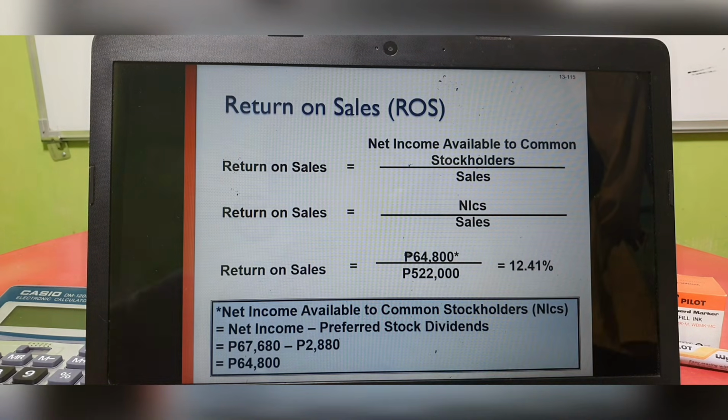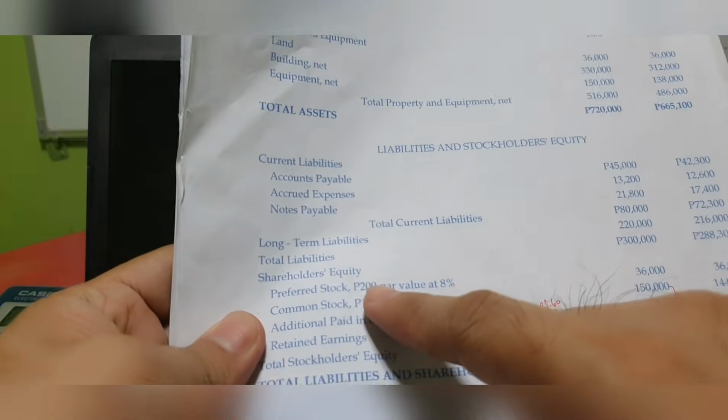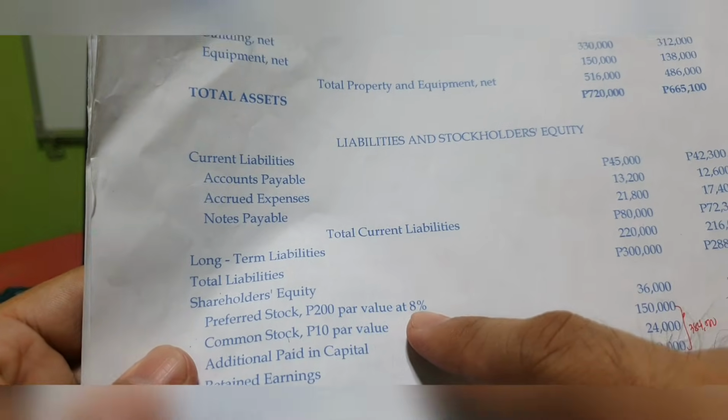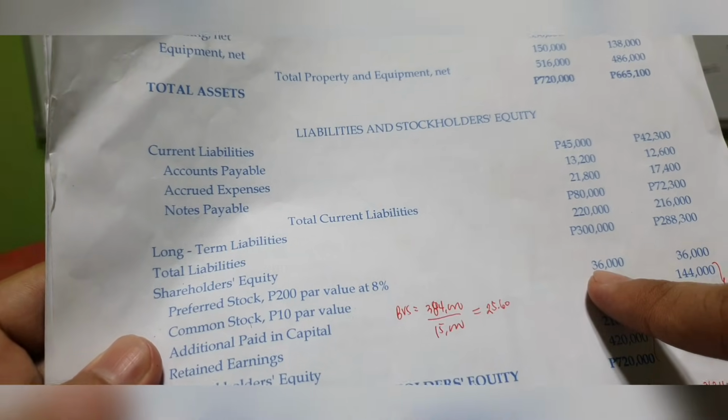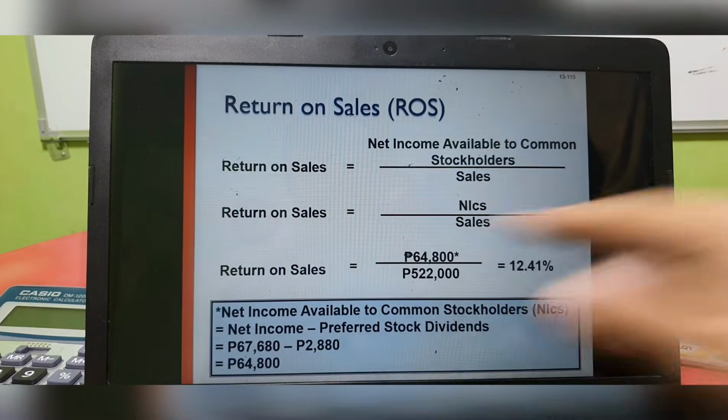Sabi kasi dito sa balance sheet, we have here 8% preferred stock, 200 par value at 8% times 36,000. So, 8% of 36,000 ay 2,880.